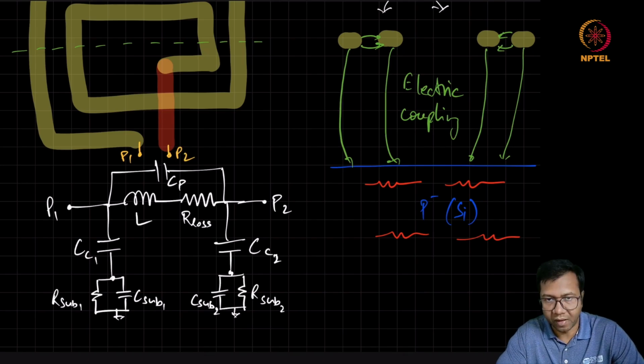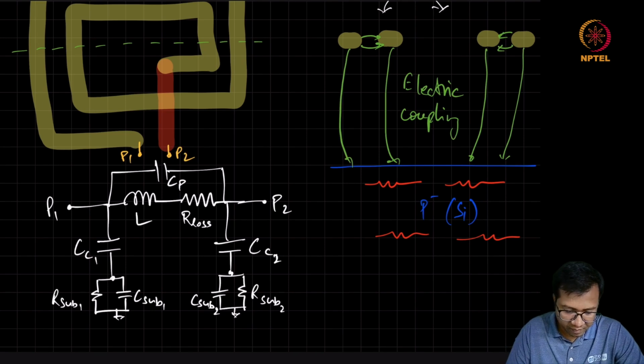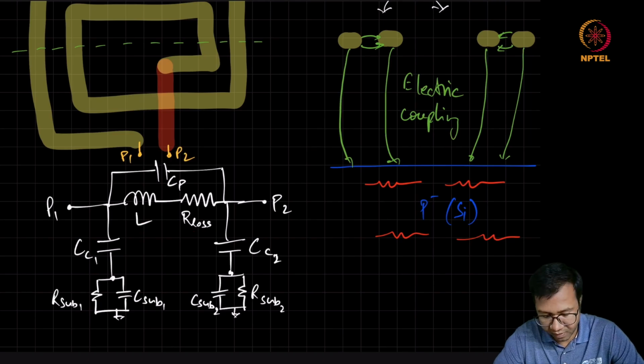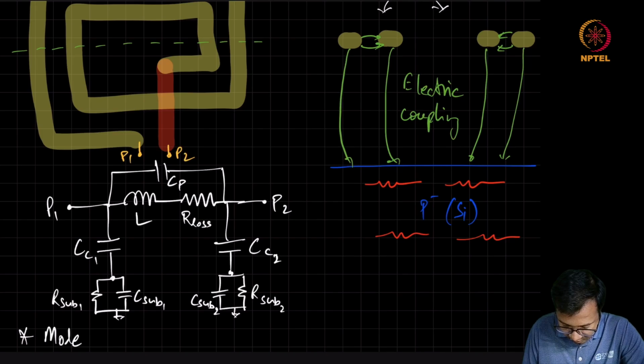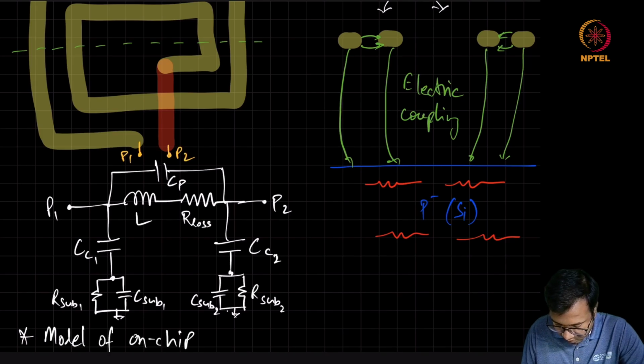If we go for even higher frequency, we find that many times we may have to add more sections of these elements so as to incorporate the distributed effect. Model of on-chip inductor.